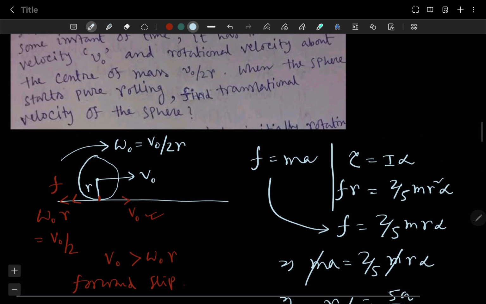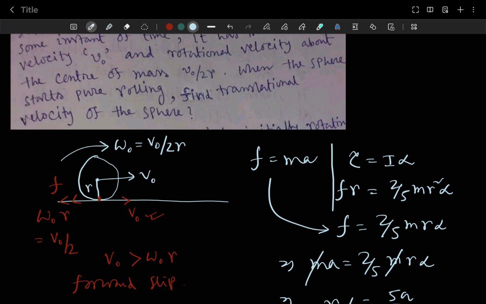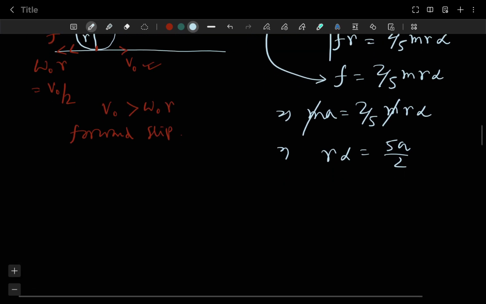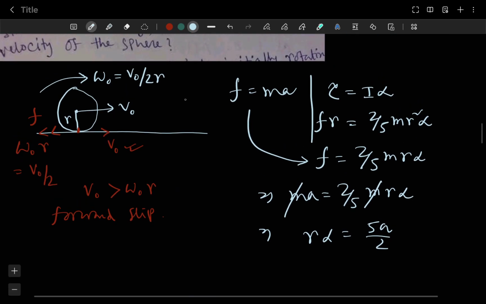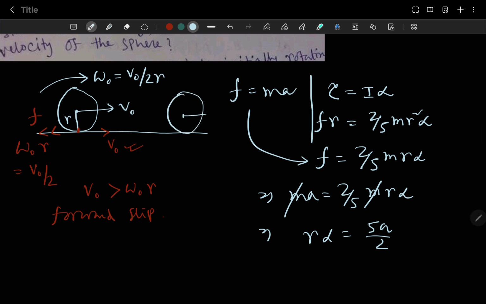Okay, so now write the kinematical equations. What will be the kinematical equations? For forward slip there is translational retardation. So suppose after a time t, when it starts pure rolling, the velocity becomes v and the angular velocity becomes omega.